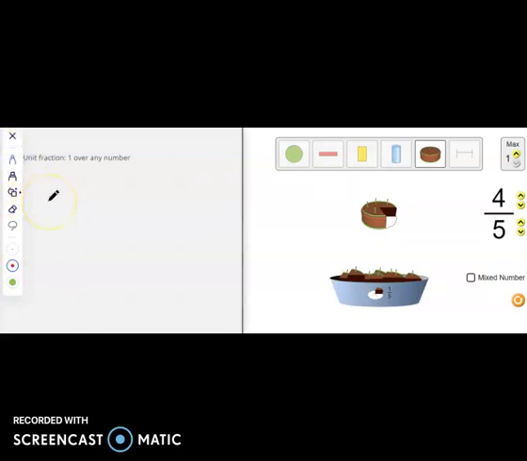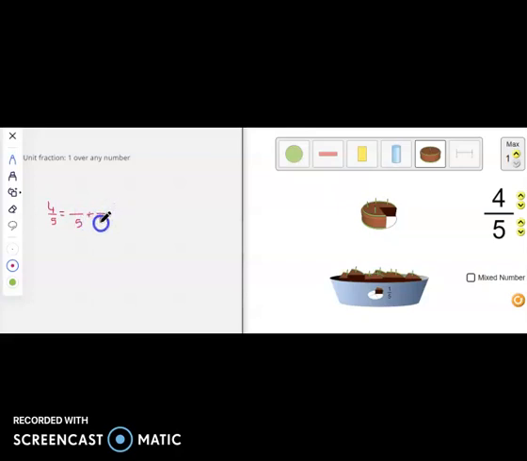4 over 5 equals... Each part represents 1 over 5, right? Then we don't change the denominator.